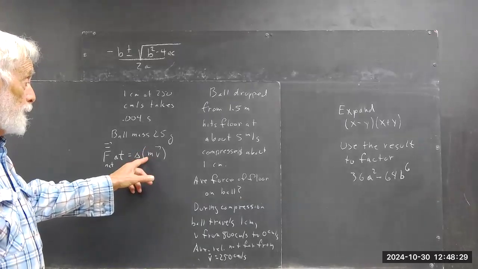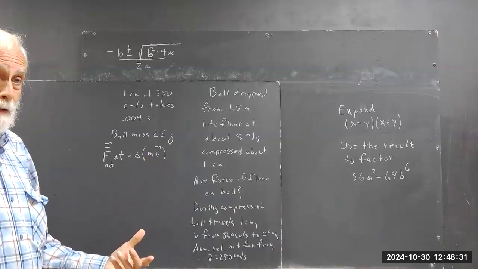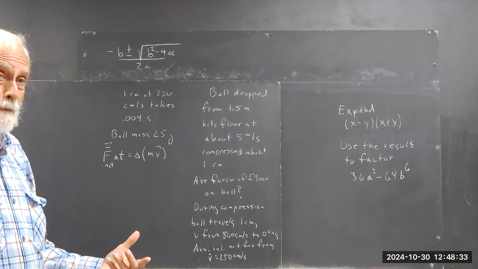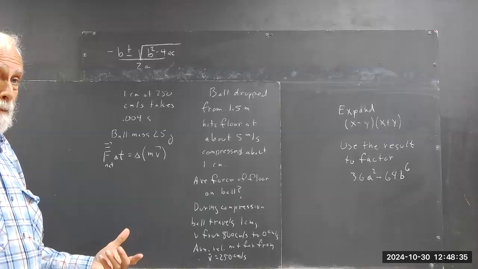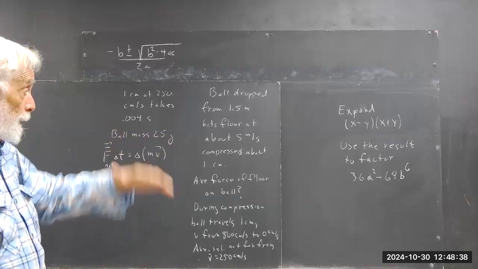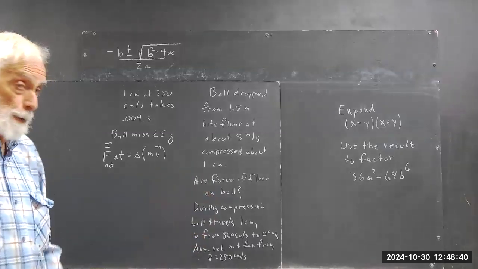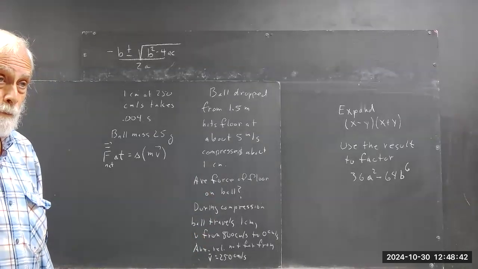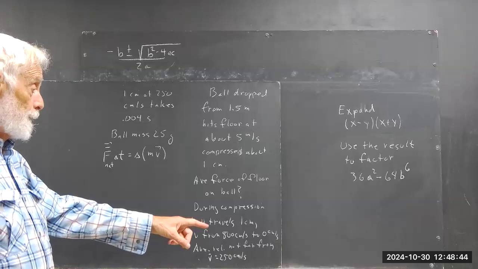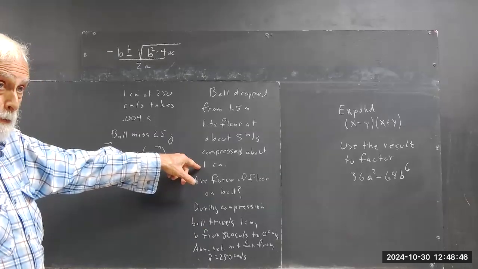Do you know the change, do you know mv at the start? Well, at the start of that compression, it's moving at 500 centimeters per second. I use 500 centimeters per second because we have a 1 centimeter compression.